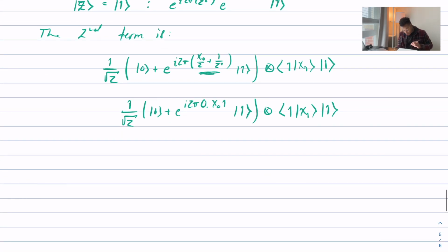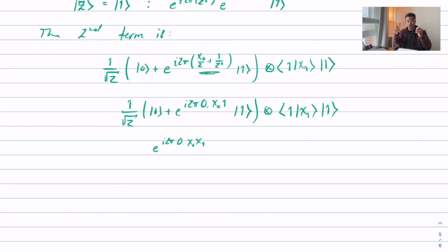So we're able to write in general this 0.x sub 0, 1. In general, we can write it in this way, because the controlled rotation will actually carry this term, depending on whether the control qubit is 1 or 0. So it will effectively do the same thing.